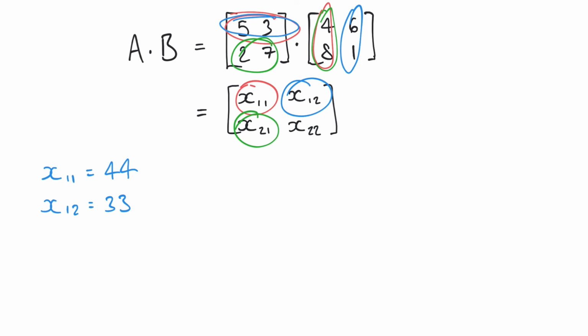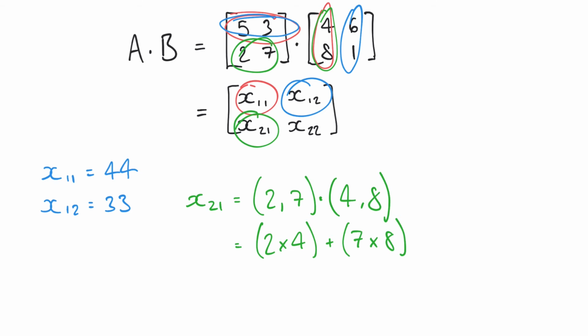So we'd see something like this, where we have 2 and 7 from the second row and 4 and 8 from the first column of the second matrix. The dot product of those two sets of numbers gives us 64.